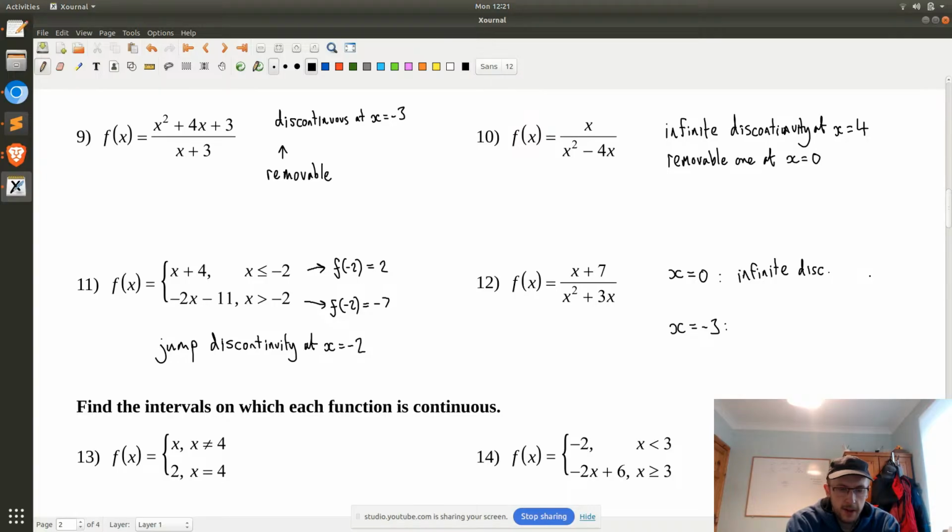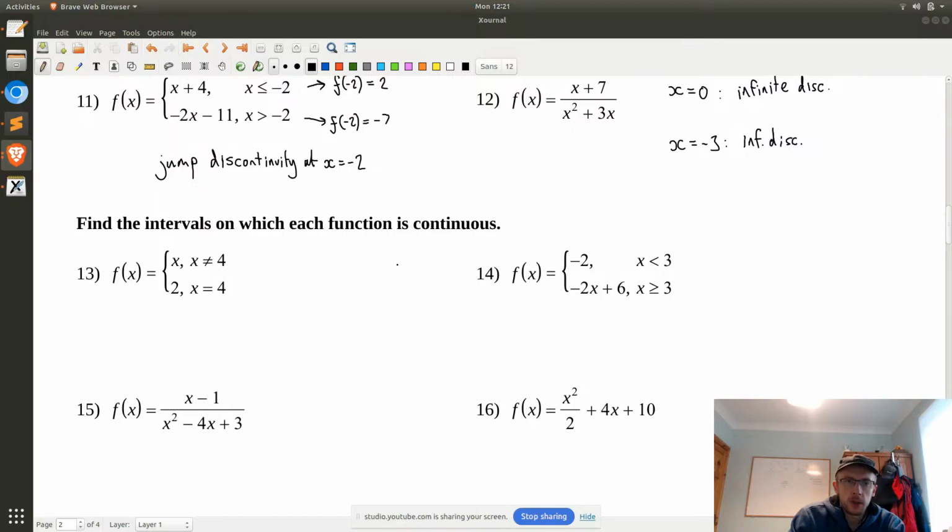And now approach from the left. You get larger positive numbers, so it's an infinite discontinuity as well. And we check. Okay, that's correct.